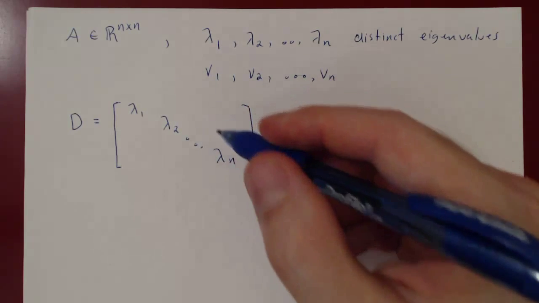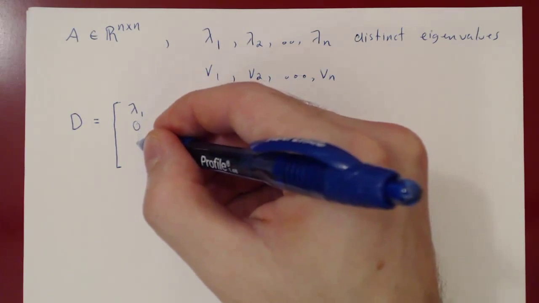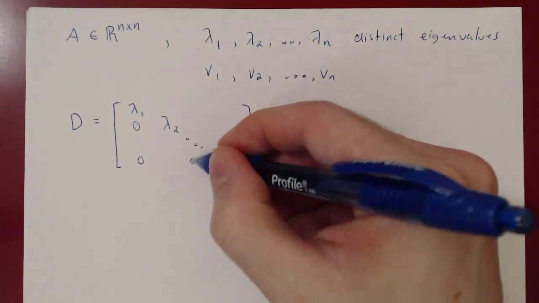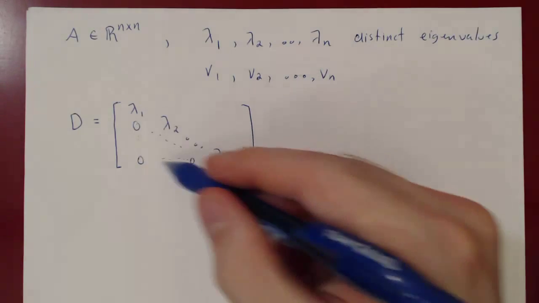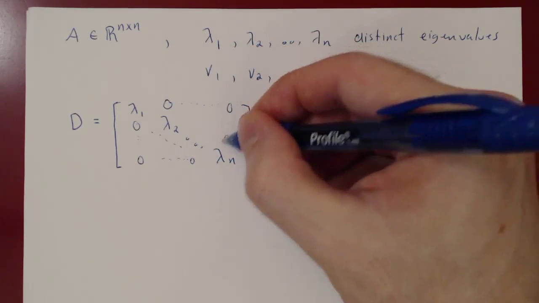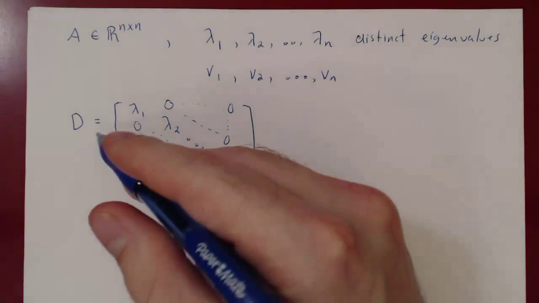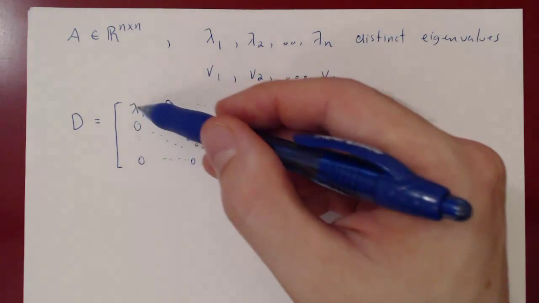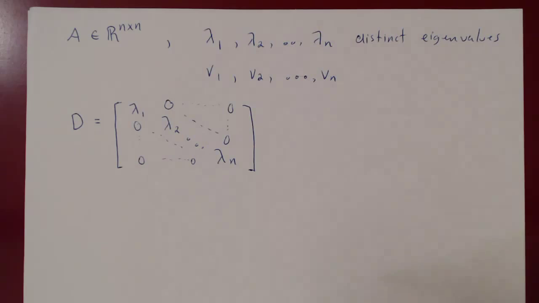Every other entry, above and below the main diagonal, will be 0. This matrix is called a diagonal matrix because off the main diagonal you get all zeros.